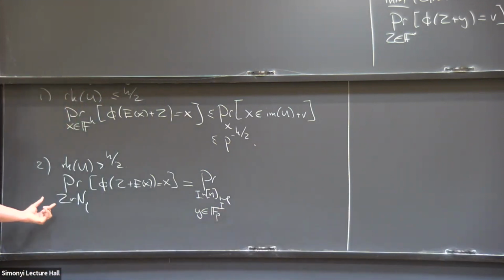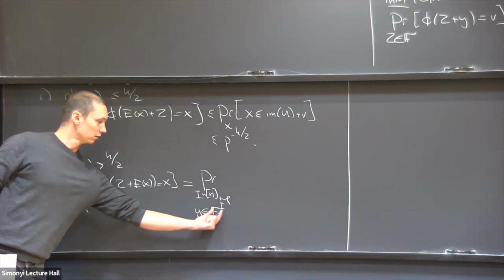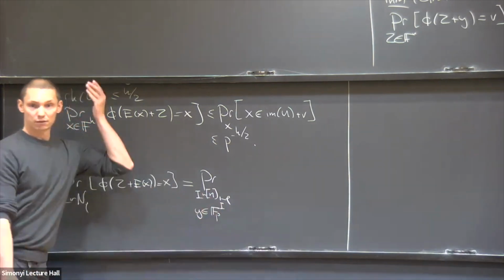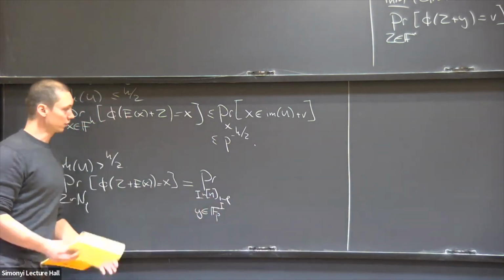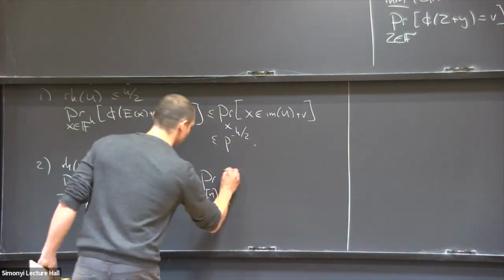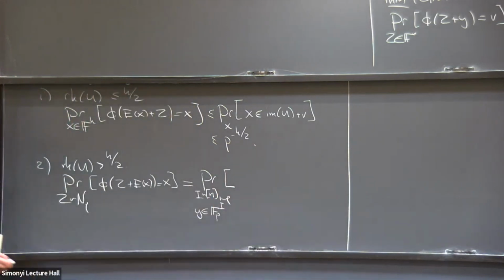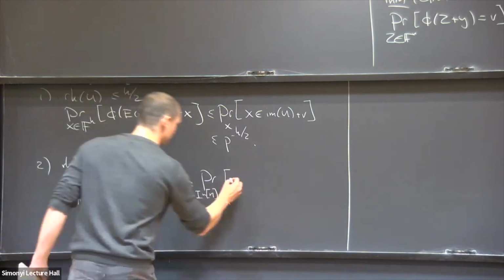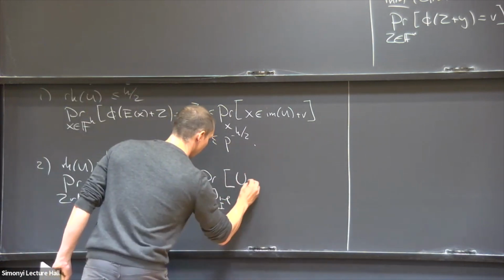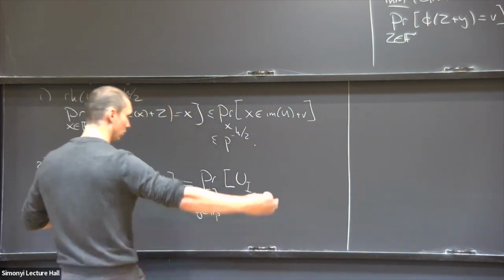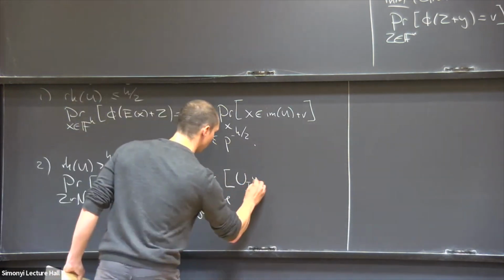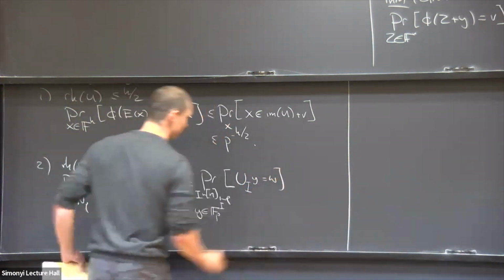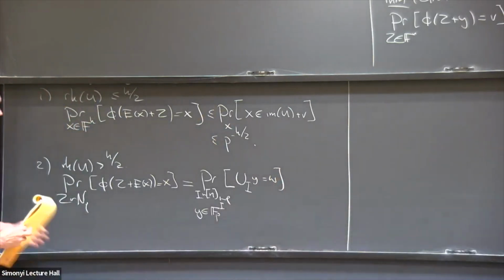So z will look like y on the coordinates in I, and it's 0 elsewhere. It's an equivalent way to write this noise. Once you've done this, you can write this event simply as the event that the restriction of U to the columns indexed by I, applied to y, is equal to some fixed vector w.